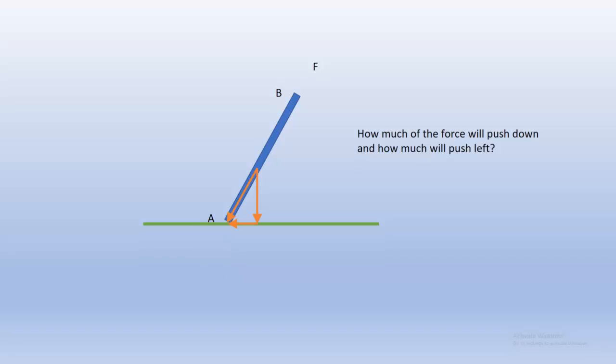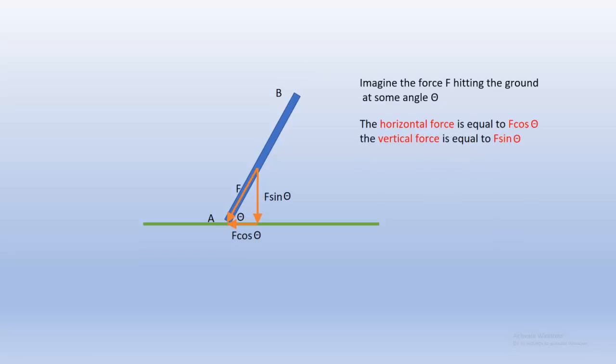So let's try, if we can remember our trig, we can say that if that angle is theta, then we can think of the force as the resultant force, and the vertical force will be F sine theta. The horizontal force will be equal to F cosine theta.